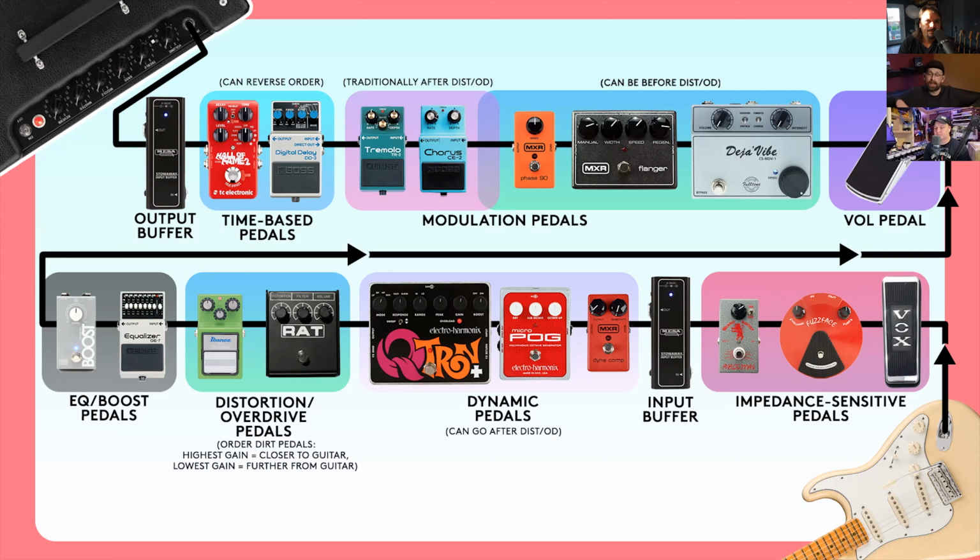So again, in experimenting, it could be good in this diagram to split to your dry amp and test it after phase or after trem, and just see if you like having that in your dry amp as well as in your wet amps. Whereas you might just think, oh, I just need to do it after the volume, and only the modulation, time-based pedals will only go to the wet section. But if you're running those in parallel, it could be a good experiment to try putting a few effects you wouldn't normally think to put in your dry amp as well, just to make sure they really come through when they're turned on.